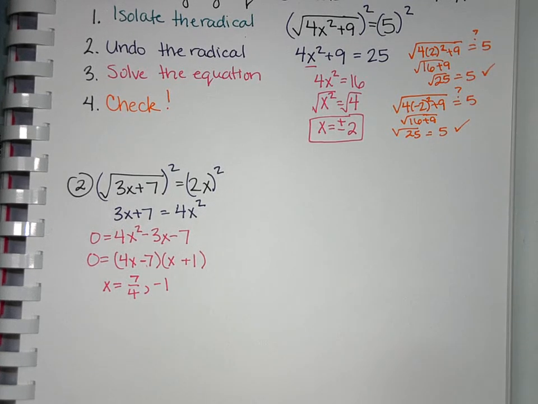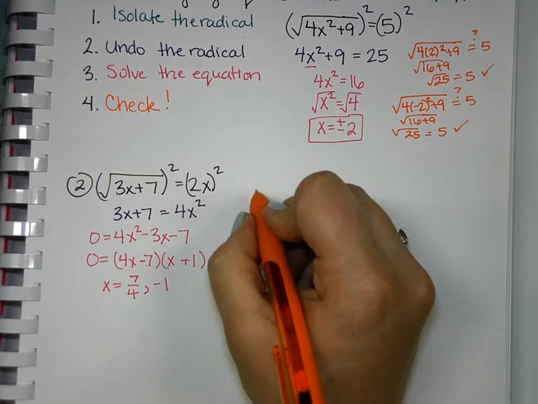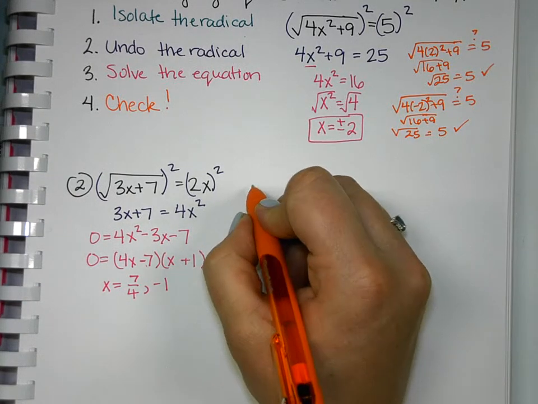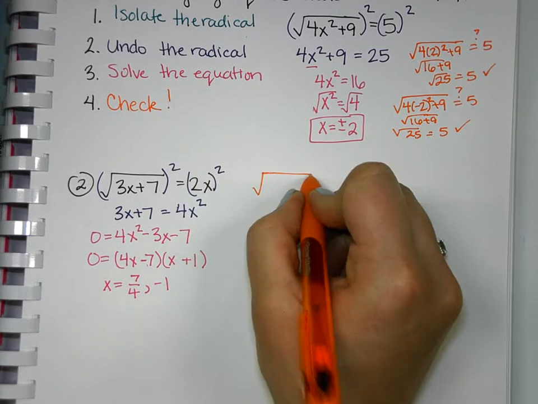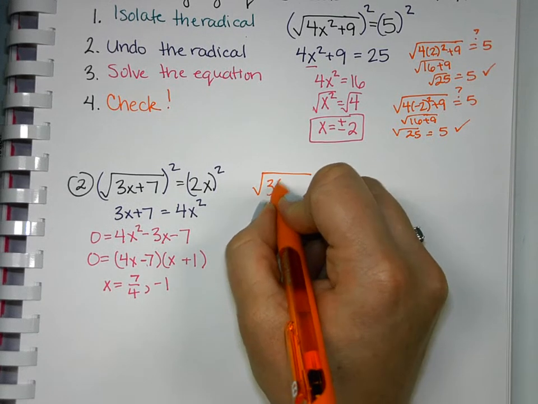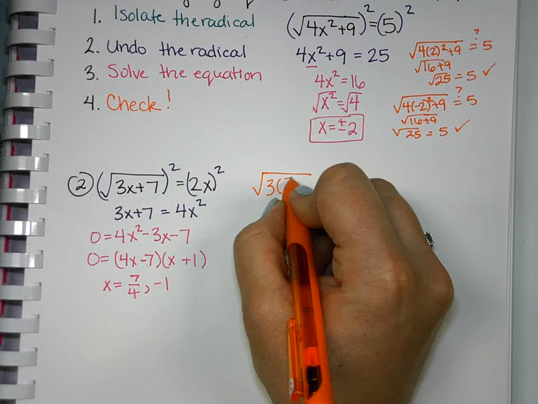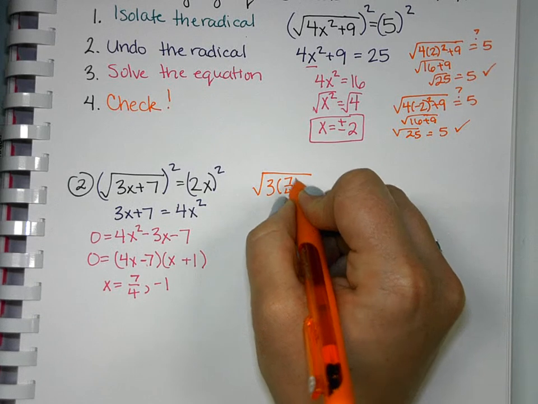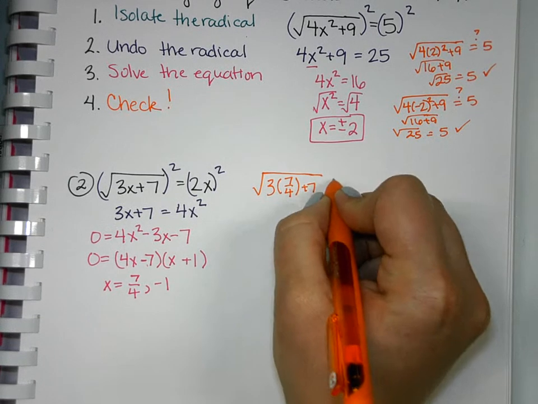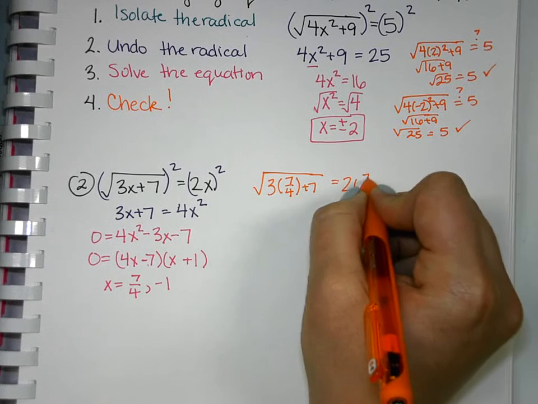So again, we can go through our checking process. So to check, I'm going to start with 7/4. So 3 times 7 over 4 plus 7 equals 2 times 7 over 4.